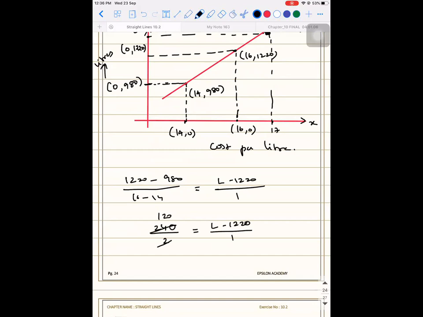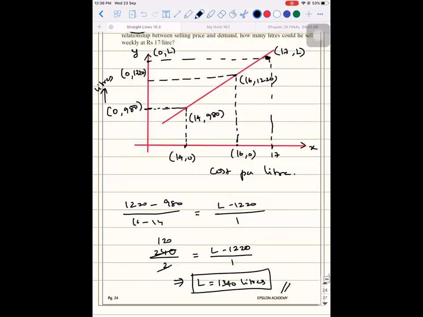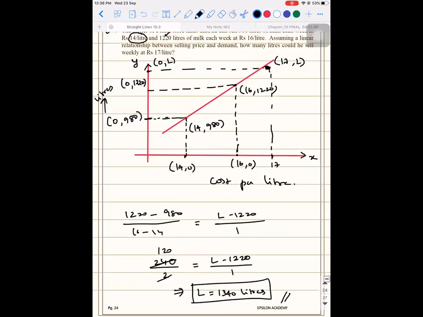So how much is this? 120, right? So what will be the answer, guys? 1,340. So at rupees 17 per liter, he will be able to sell 1340 liters of milk. Okay. So this graph is mandatory. You have to show it in the exam.